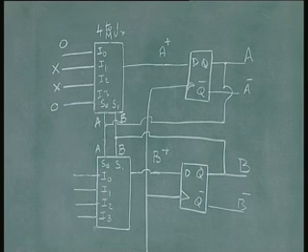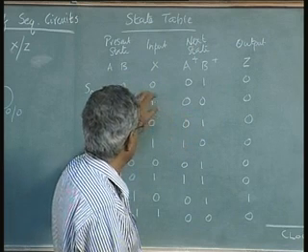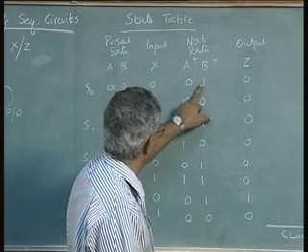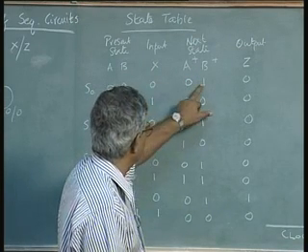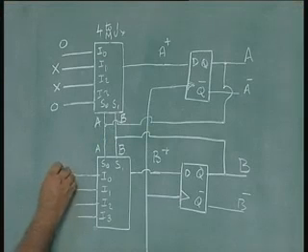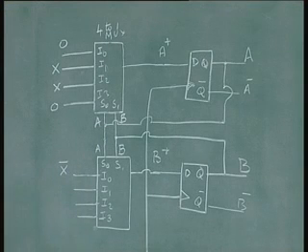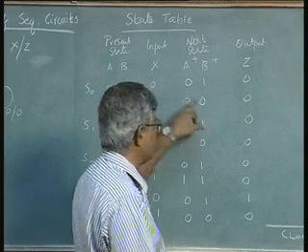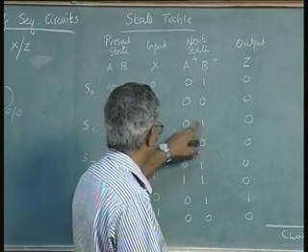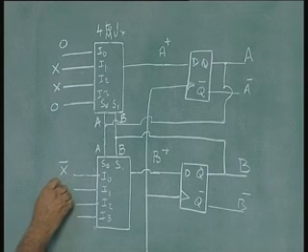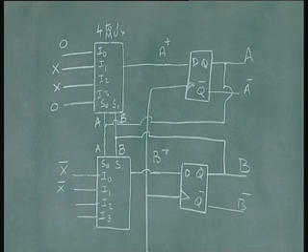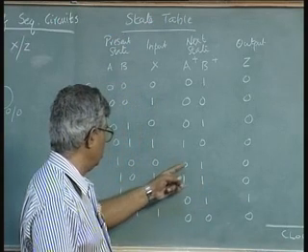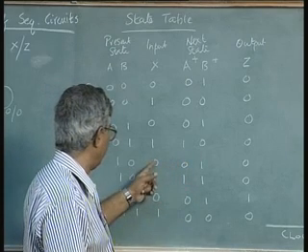Now without having to go through so much explanation, since we already did it for one case, I can simply write for the second flip flop x bar. When x is 0, the next state is 1, x is 1, next state is 0. So it is x bar input, same here. In the third case, present state S2, the next state is 1, irrespective of x being 0 or 1.